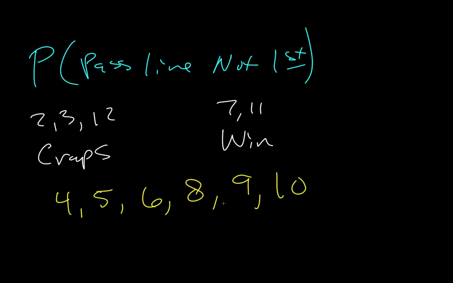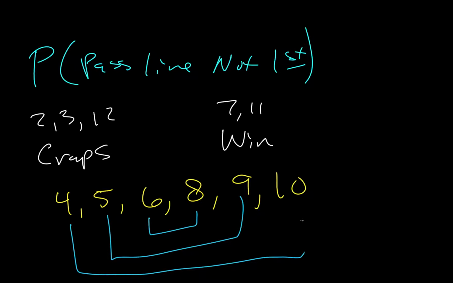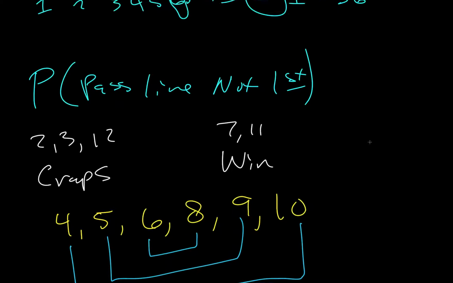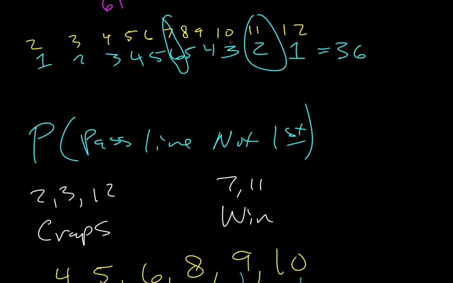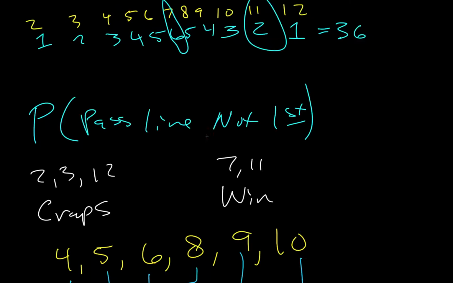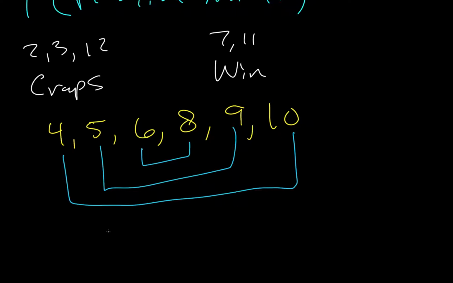Now, these two have the same probability, these two have the same probability, and these two have the same probability. Okay. Now, if we look back up here, see 10 and 4, you have 3 outcomes, or 3 ways to get that. There's 4 ways, and then this is 5 ways.